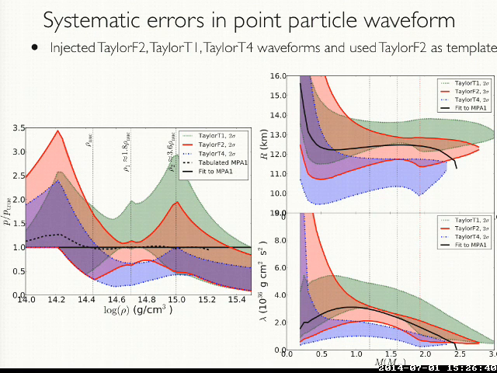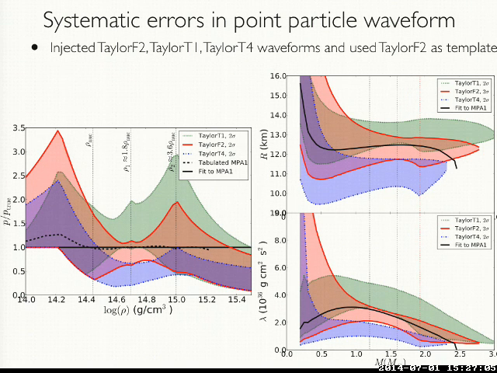What I'm showing you here are the results if you inject different versions of the Taylor or the post-Newtonian waveform into your data and then recover it with a Taylor F2 waveform. You'll either overestimate or underestimate the tidal parameter, and that corresponds to an overestimation or underestimation in the pressure as a function of density.